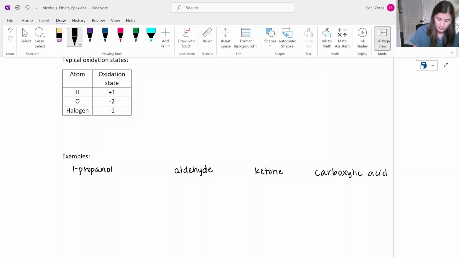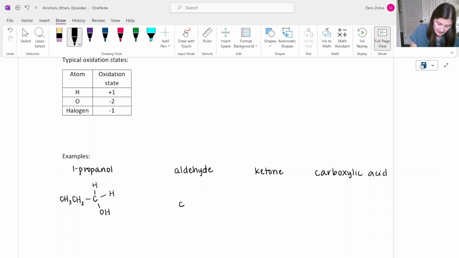So 1-propanol, we have 3 carbons. If you're calculating the oxidation state of a carbon, I find it useful to draw out all of the bonds. So here's 1-propanol. You should be able to draw that molecule on your own.